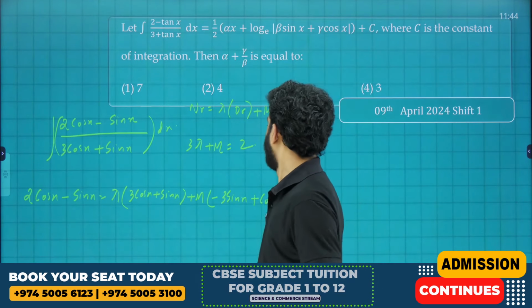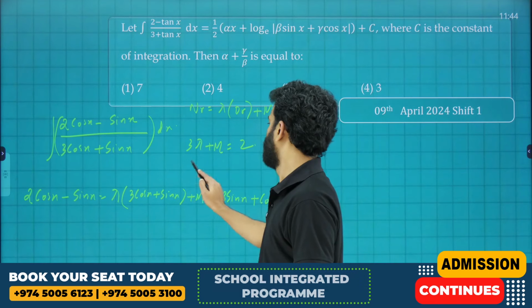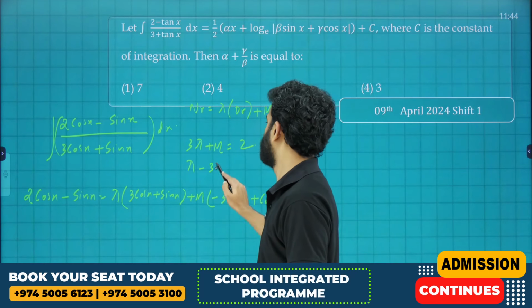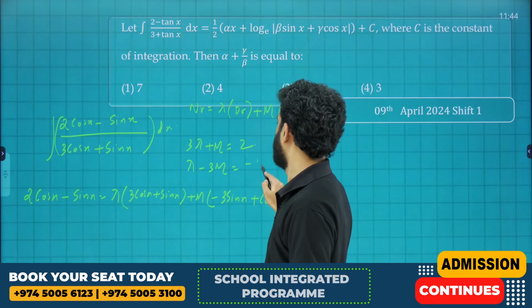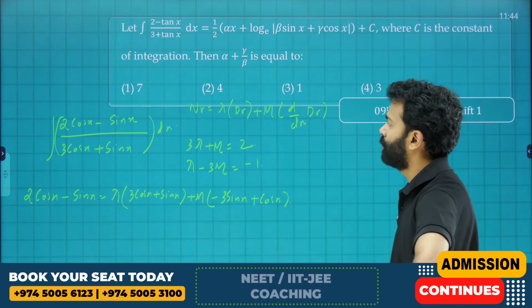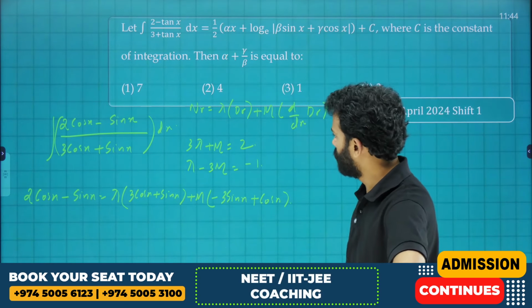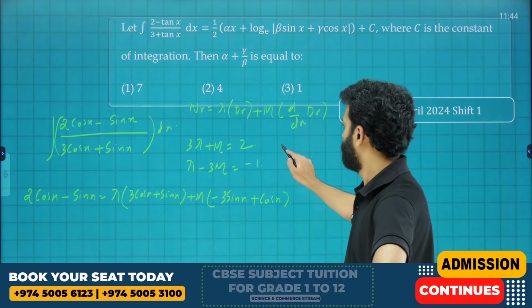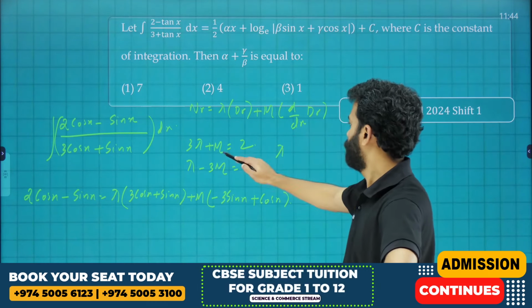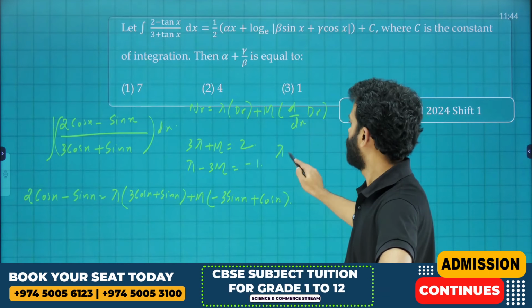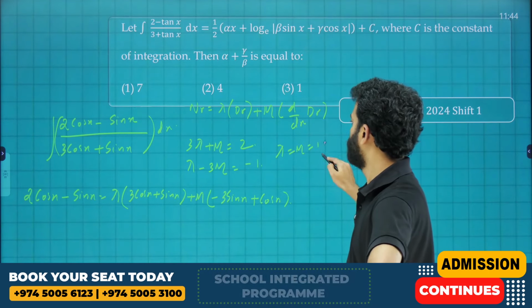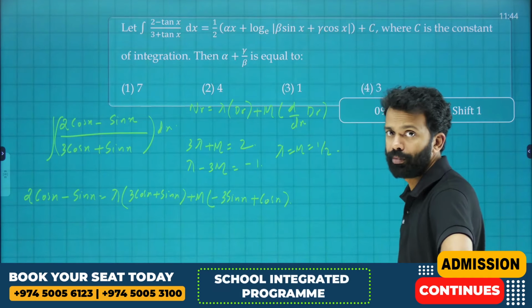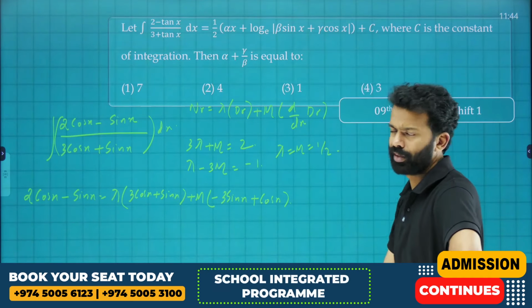It will be lambda minus 3 mu, that is lambda minus 3 mu is equal to what? Minus 1. Okay, so what is the value of lambda and mu? If you solve this, you will get lambda equal to mu equal to 1 by 2. So you know how to solve this, right?